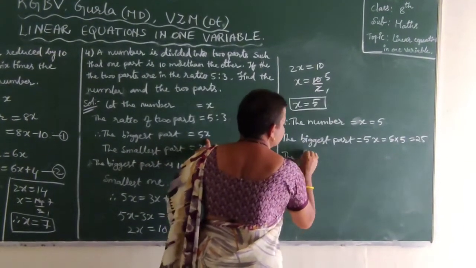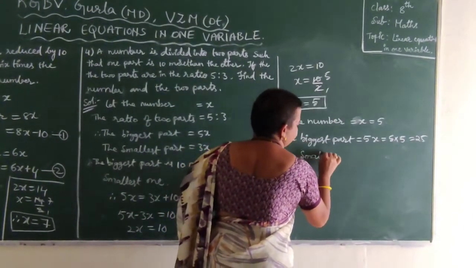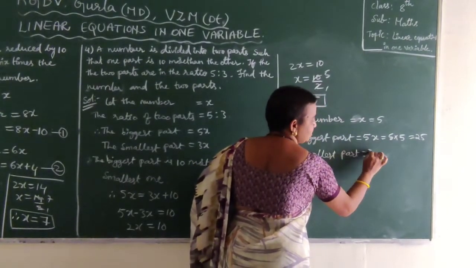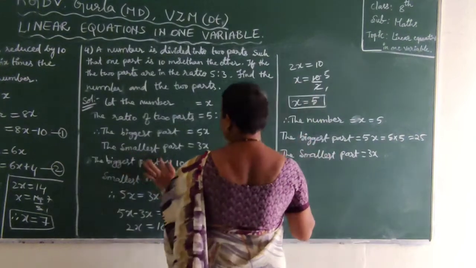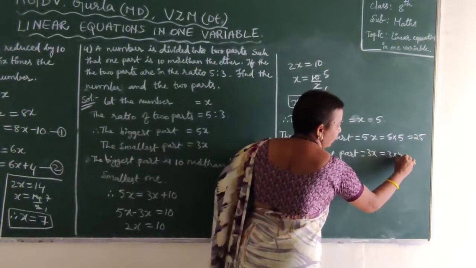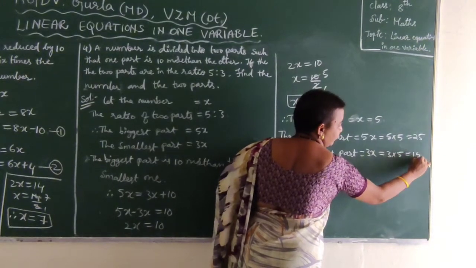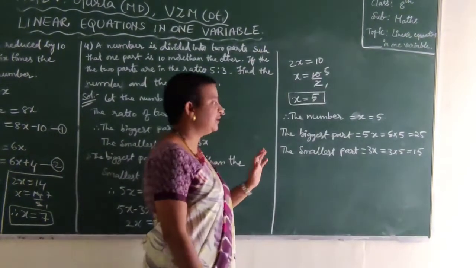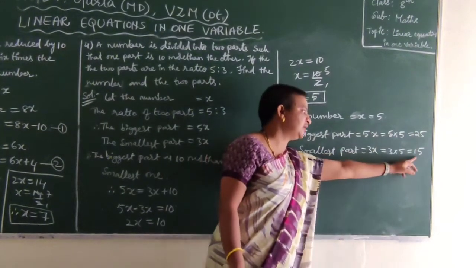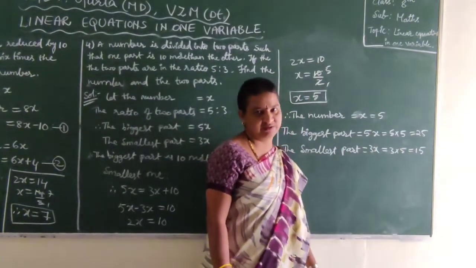Next, the smallest part. The smallest part is equal to 3x. So it is equal to 3 into 5 equals 15. Okay children? So the number is 5. The biggest part is 25 and the smallest one is 15.